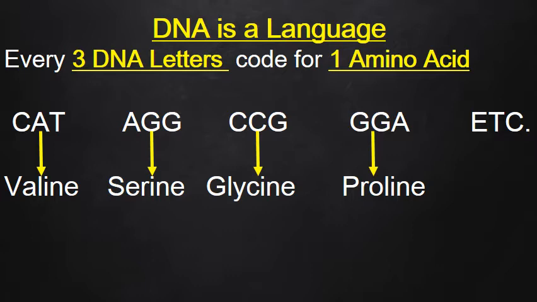As you can see here, CAT codes for valine. AGG codes for the amino acid serine. CCG codes for the amino acid glycine. And GGA codes for the amino acid proline.